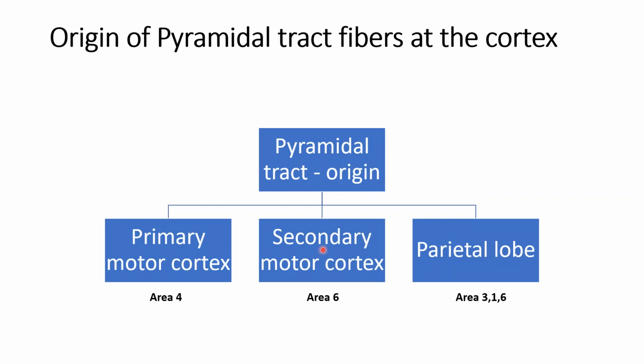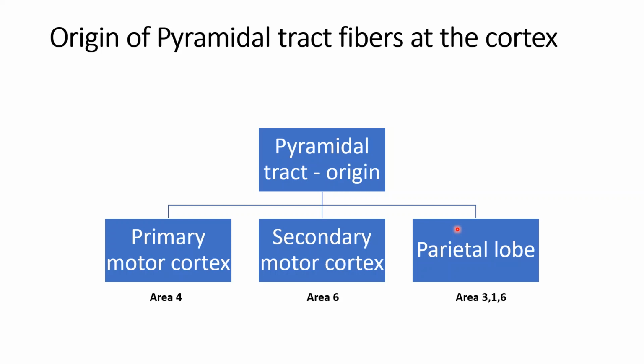So what you need to understand here is that when the primary motor cortex is affected, the weakness is more denser. Whereas when the secondary motor cortex or the parietal lobe is affected, the weakness need not be denser, despite the fact that 1/3 of the pyramidal tract is affected.